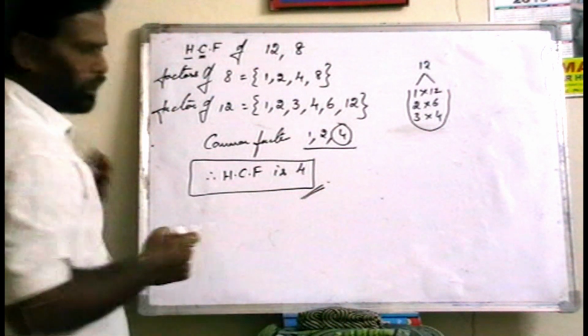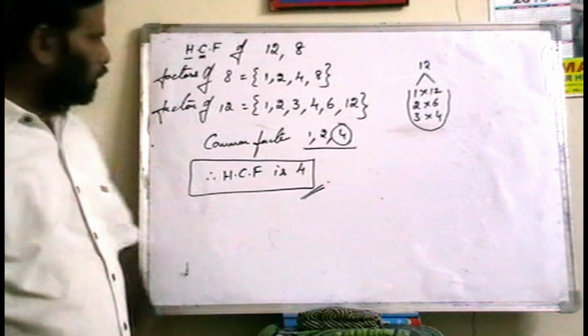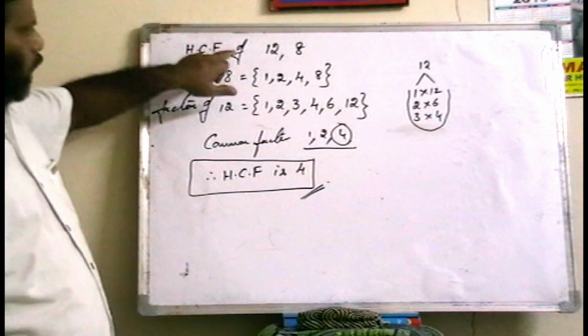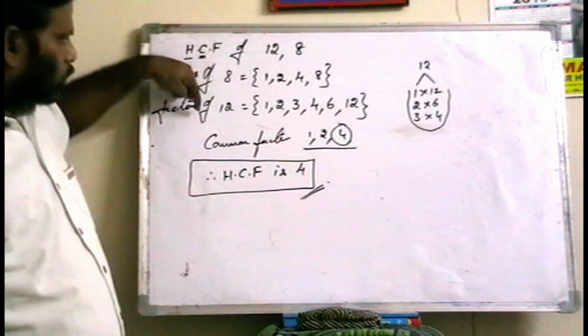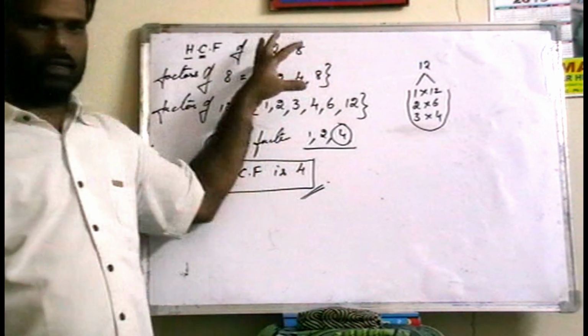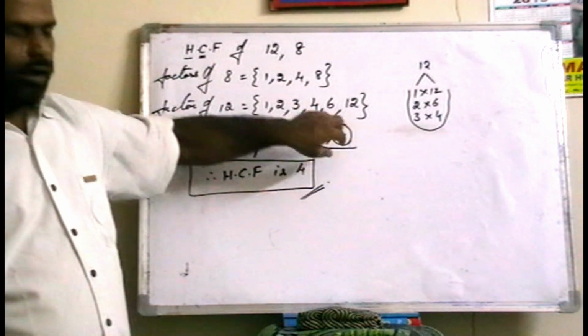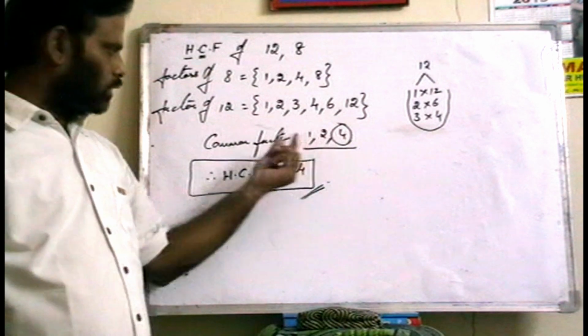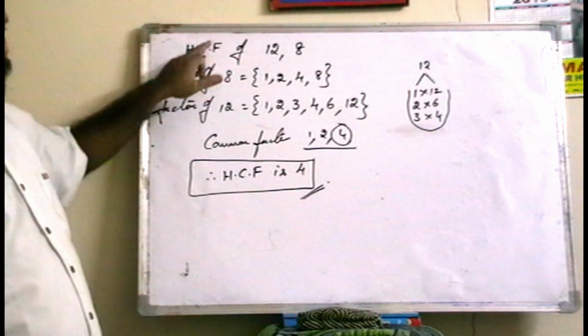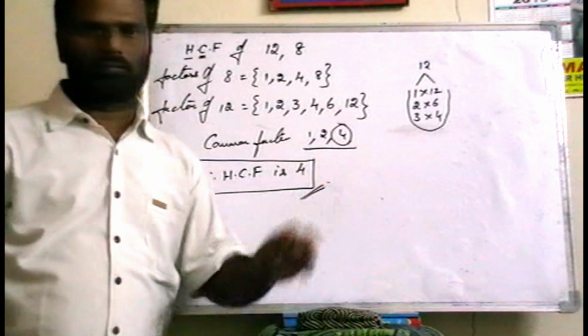This is the basic method. First find the factors of 8 and the factors of 12. In these, select all the common factors. Out of all the common factors, the highest is 4. Therefore, the HCF is 4.